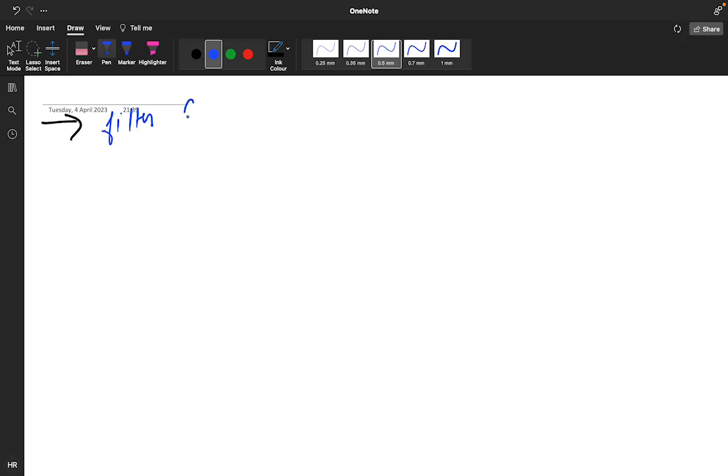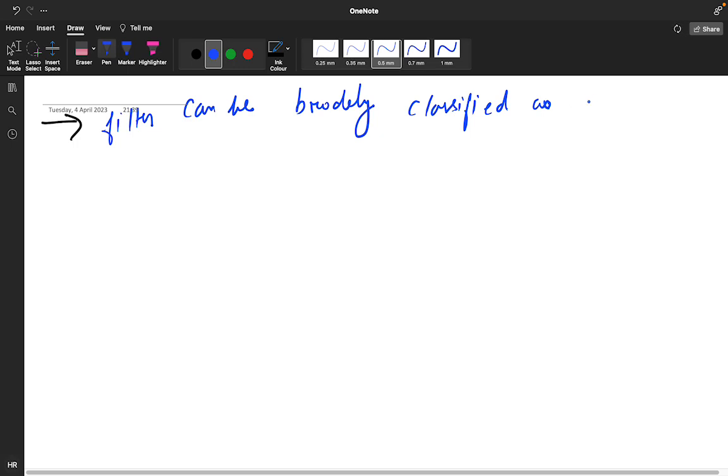Filters can be broadly classified as active filter and passive filter. What is the meaning of an active filter?